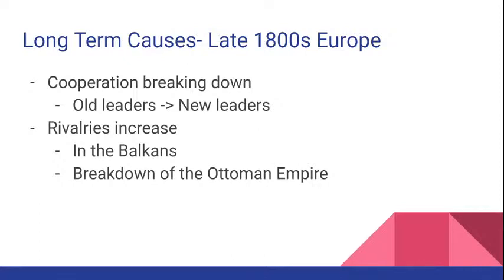And then another aspect of late 1800s Europe would be the increasing of rivalries, especially in the Balkan regions. We definitely see rivalries increase, and with the breakdown of the Ottoman Empire, all of that land, the Ottoman Empire was obviously a huge piece of territory, and when they declined, all of that land is now up for grabs.